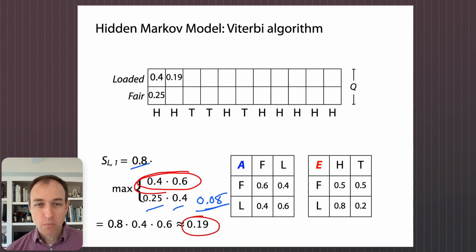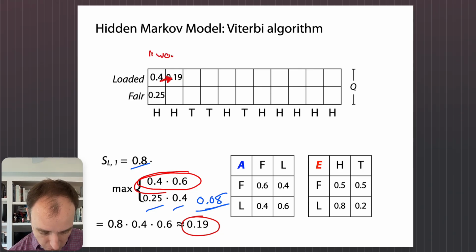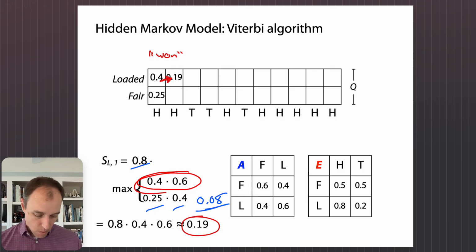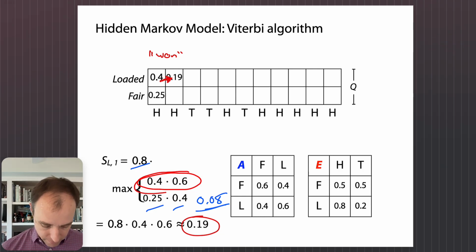The maximum of the two choices came from the loaded to loaded transition, and we plugged in the 0.19 right here. Again, the transition that won the maximum was loaded to loaded in this case.